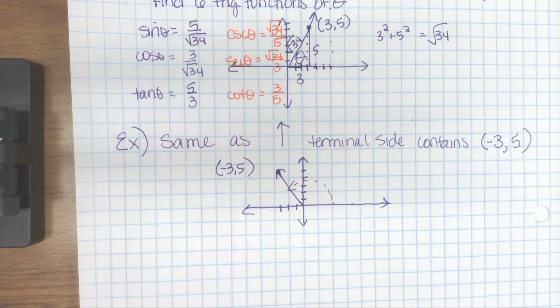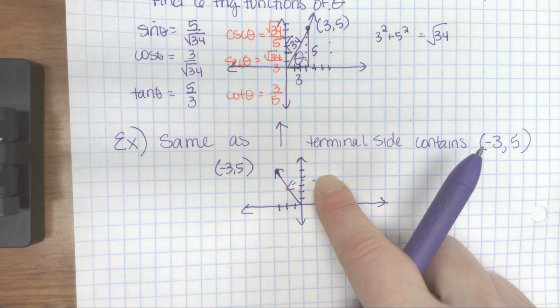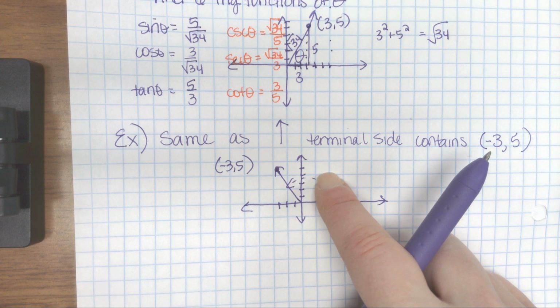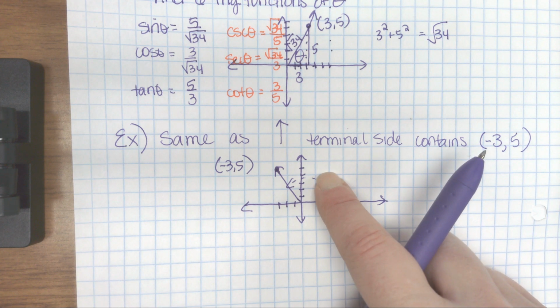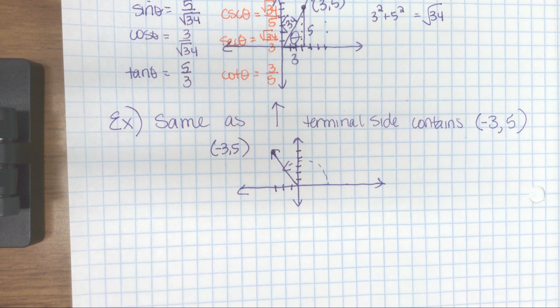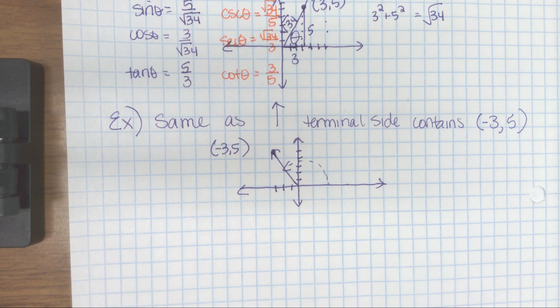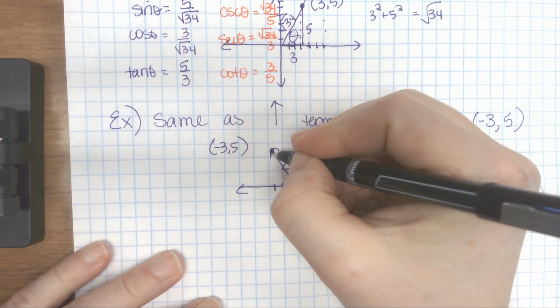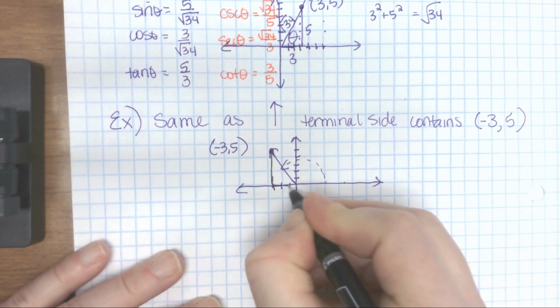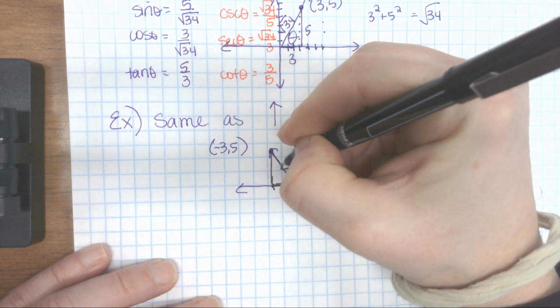So theta really is an angle that's between 90 and 180. But when I'm making a reference triangle, do you remember what we said about a reference triangle? A reference triangle always has to be made with the x-axis. So if I wanted to do SOHCAHTOA, I would be using this triangle right here.